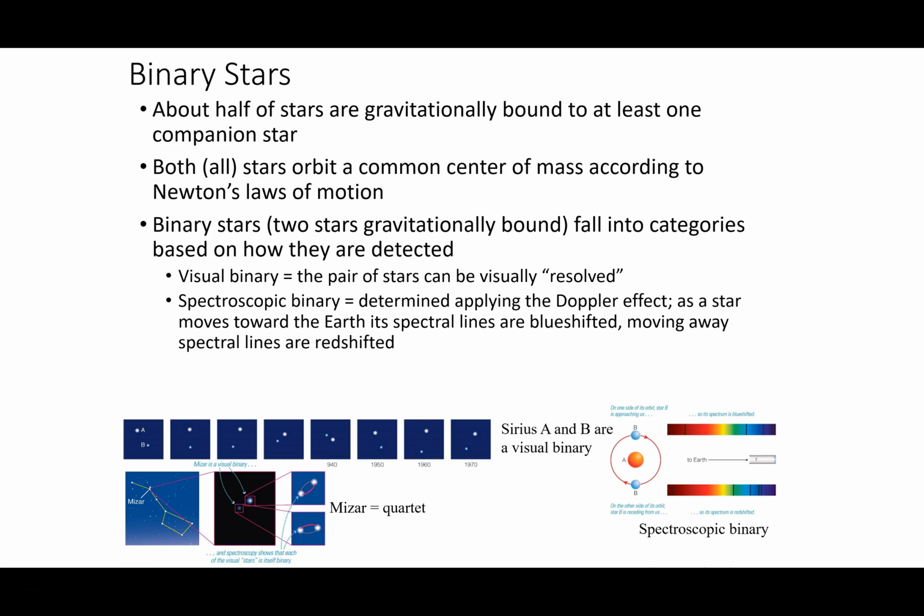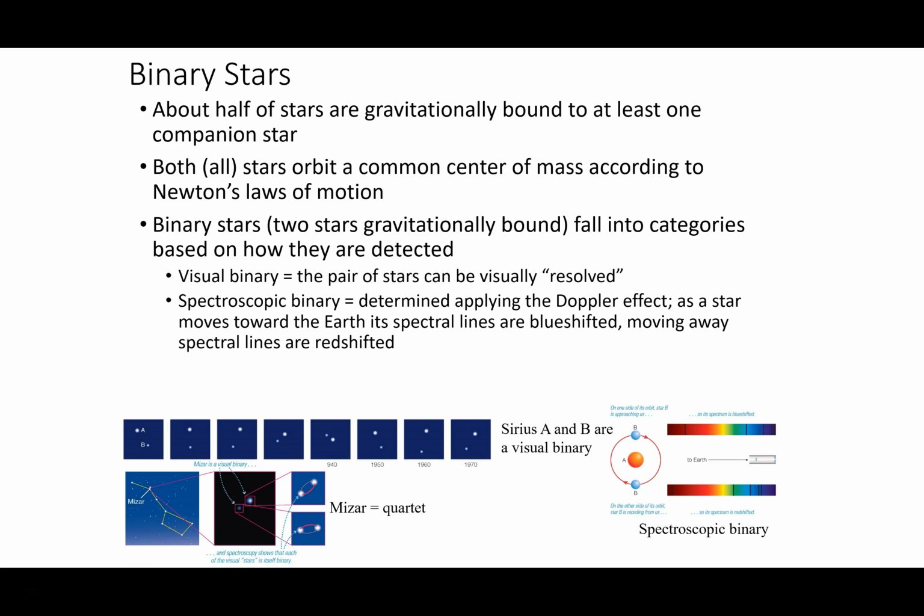The other one is a spectroscopic binary. It might be hard for you to see back there, but these are spectra from stars. Remember we talked on Monday, the idea that those ladies took spectra from stars and put them into these 7 categories: Oh, Be A Fine Guy, Kiss Me, right?